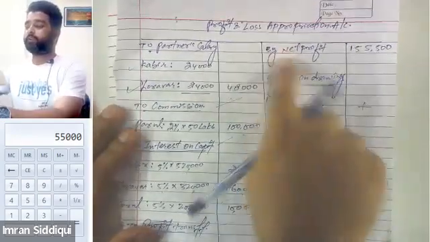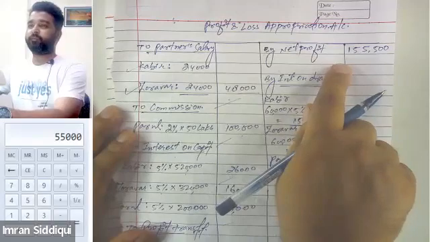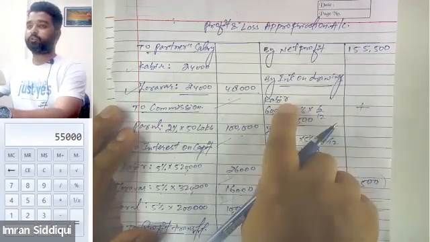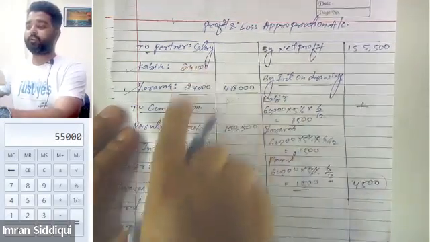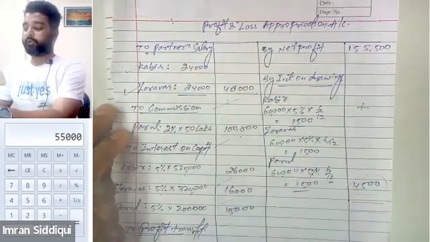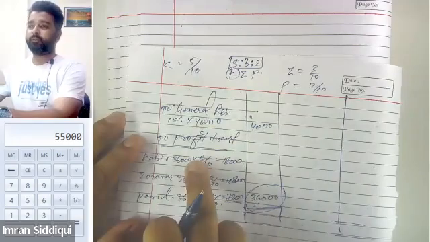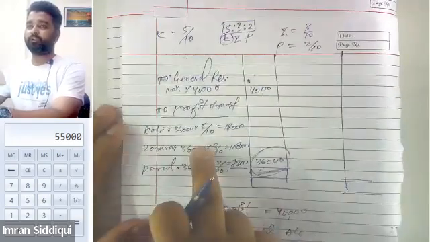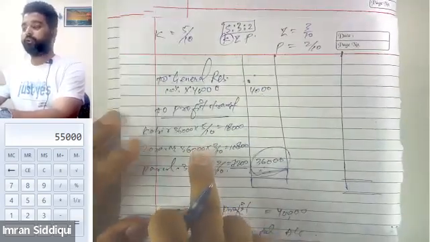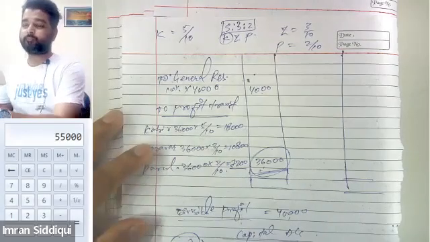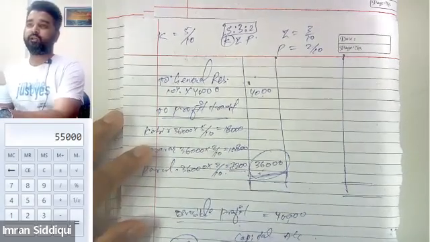On the credit side, the first item will be net profit, then interest on drawing. On the debit side, we have salary, commission, interest on capital, and then we made the general reserve, and the remaining amount has been transferred to the partners in their profit sharing ratio. We did all this in the last session, so I hope all this is already clear to all of you.